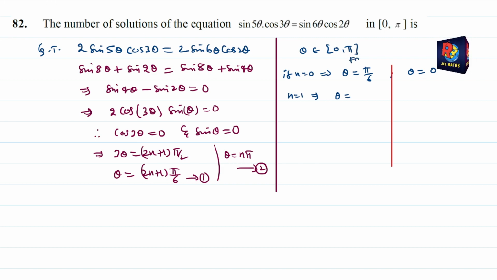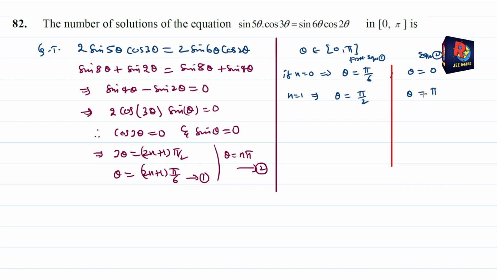If I substitute n equals 1 in the first equation, 2 plus 1 is 3, so 3 pi by 6, which is pi by 2. And if I substitute n equals 1 in n pi, then it will be pi.